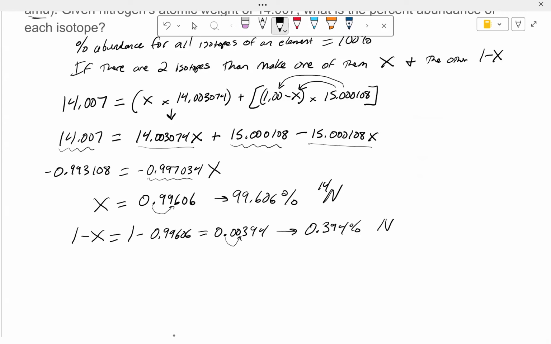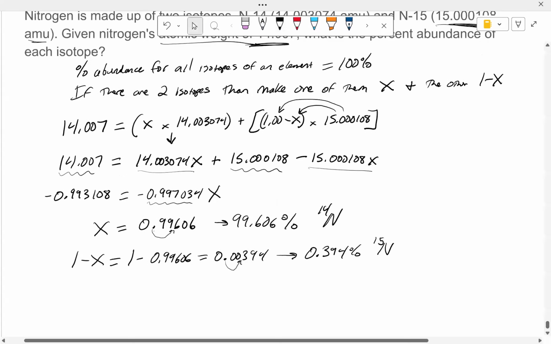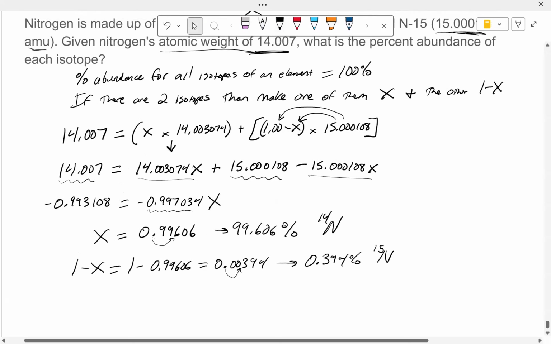And that's how much nitrogen 15 exists. So you should be able to do both types of calculations that we've done here. Either calculate the average atomic mass, or if I give you the average atomic mass, you should be able to find either the atomic mass of an individual isotope or determine the relative abundance of each isotope.